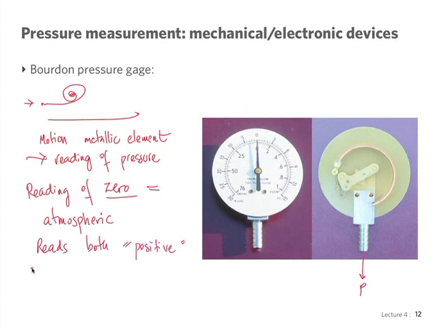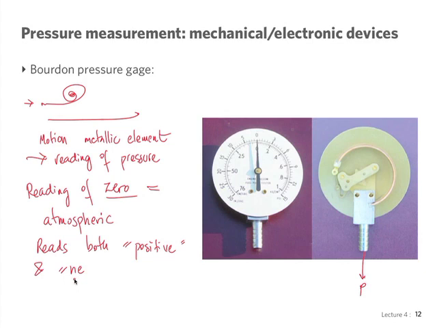So positive and negative with respect to atmospheric, so this is gauge pressure, right? You can have negative gauge pressure. Of course, if it's absolute pressure, there's no negative. Absolute pressure is always positive. But gauge pressure can be negative.